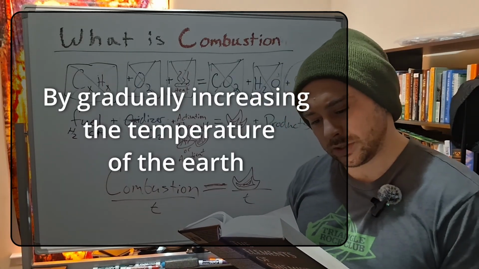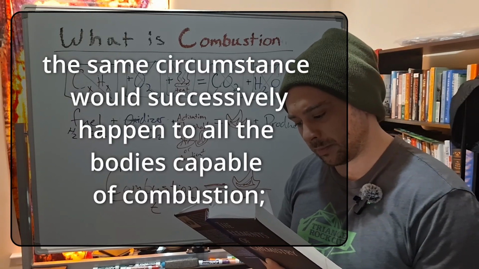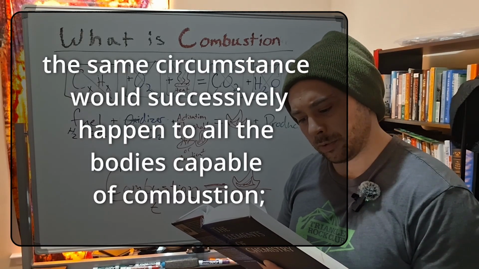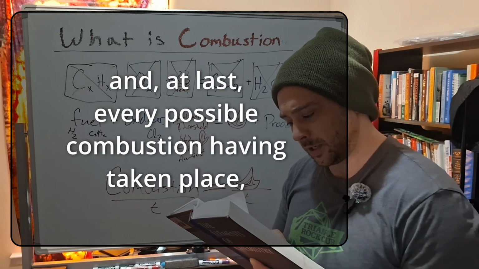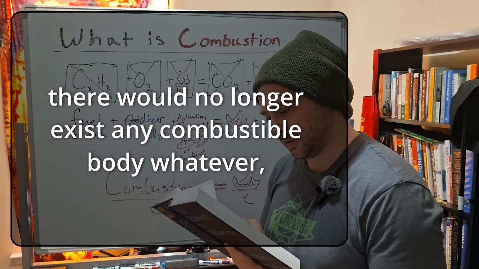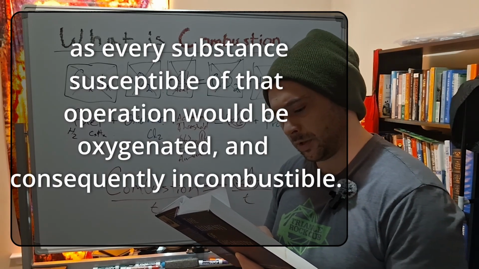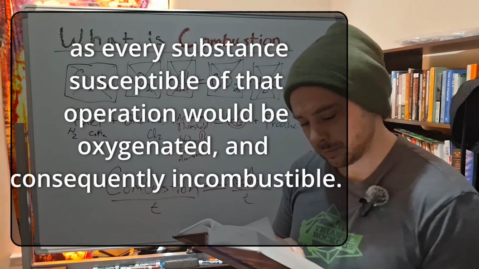By gradually increasing the temperature of the earth, the same circumstances would successively happen to all the bodies capable of combustion, and at last every possible combustion having taken place, there would no longer exist any combustible body whatever, as every substance susceptible of that operation would be oxygenated and consequently incombustible.